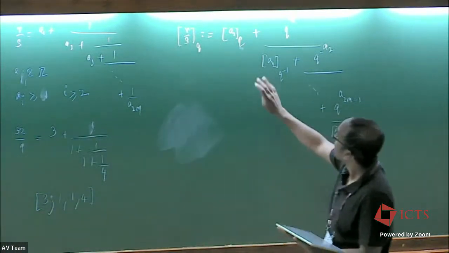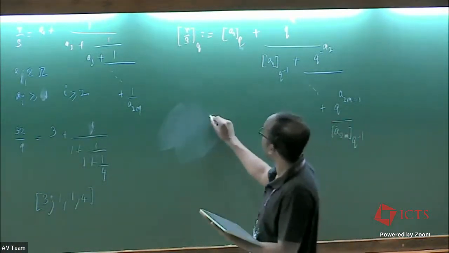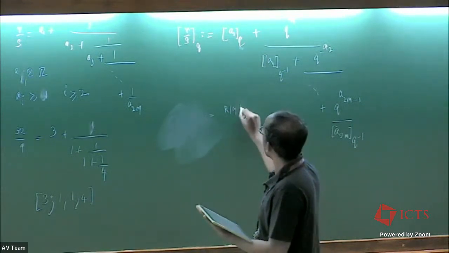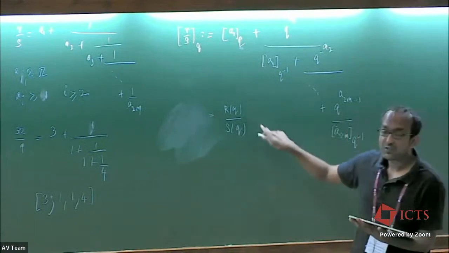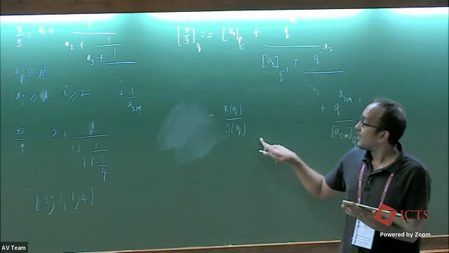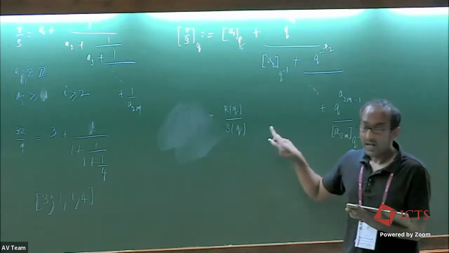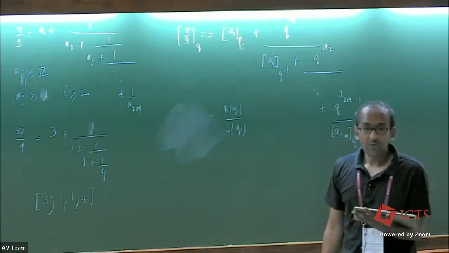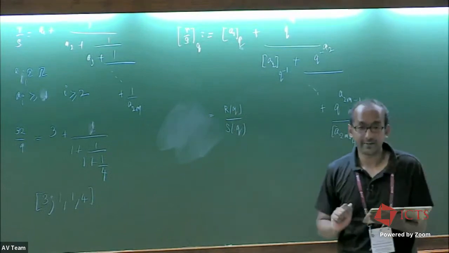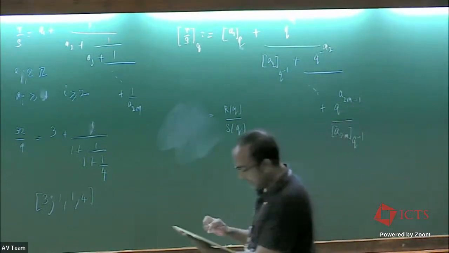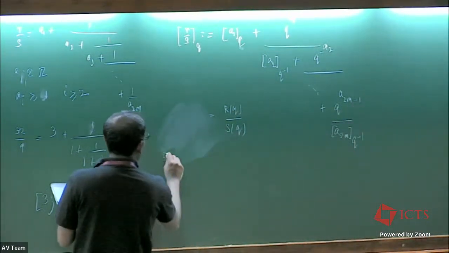Before that, this thing is always going to be a ratio of two polynomials, and both these polynomials will have integer coefficients. Secondly, if R by S is positive, both R of Q and S of Q will have non-negative integer coefficients. So let me give you two examples.